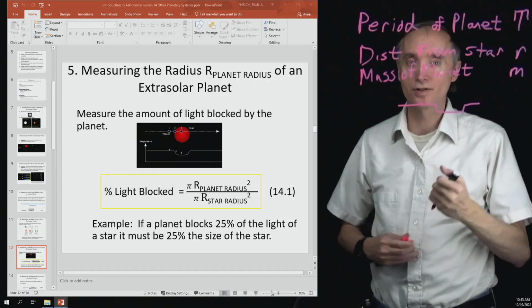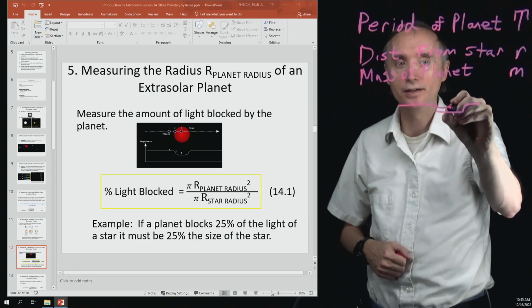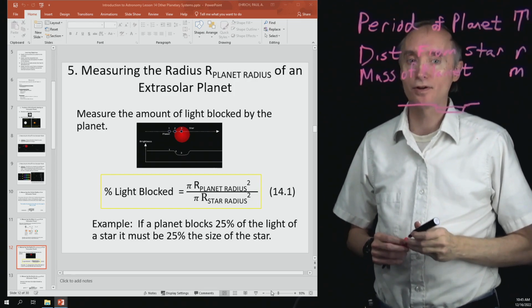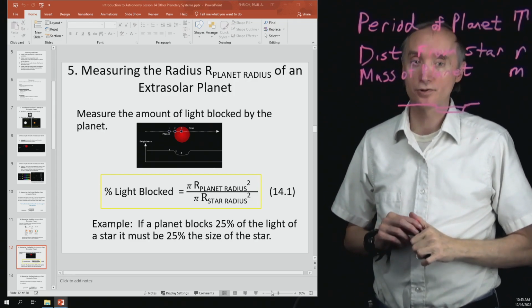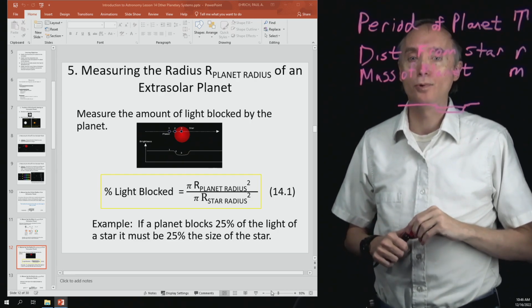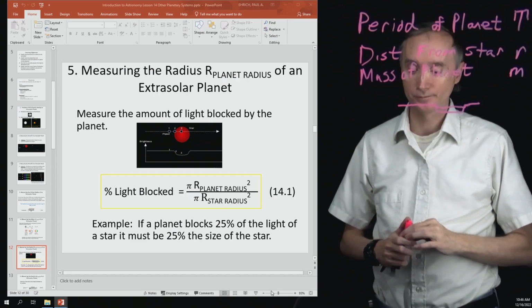So that means what it's going to look like is not going to be like that, but it's going to be just a tiny, tiny little change in the brightness of that star. But we can measure it. It can be done, but now we can measure the radius of this planet.